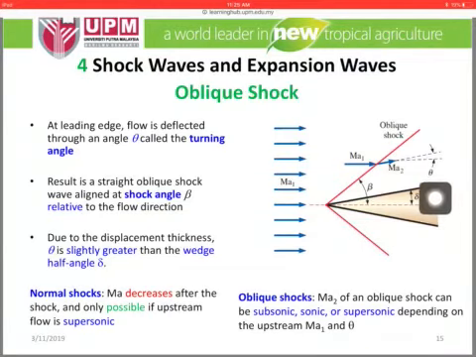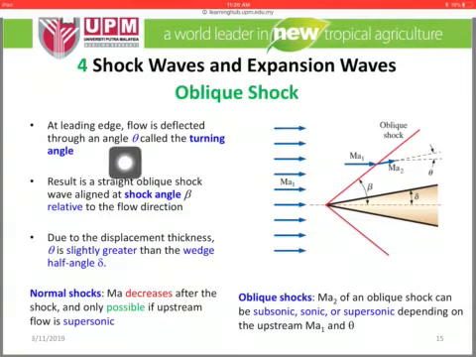So we also have this angle, delta. What is delta? Delta is the wedge half angle. So this is the wedge, we call it the wedge, and the half angle is delta. And what is theta?